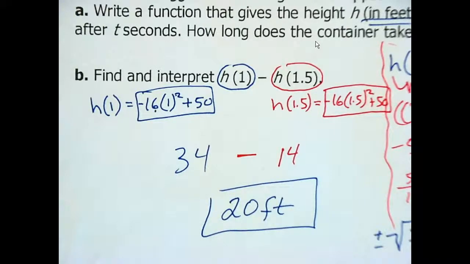Between 1 and 1.5 seconds, the egg travels 20 feet. Will it always travel 20 feet in a half a second? Why not? Emma? It's not a linear relationship. It's a quadratic relationship in this case. Yeah.